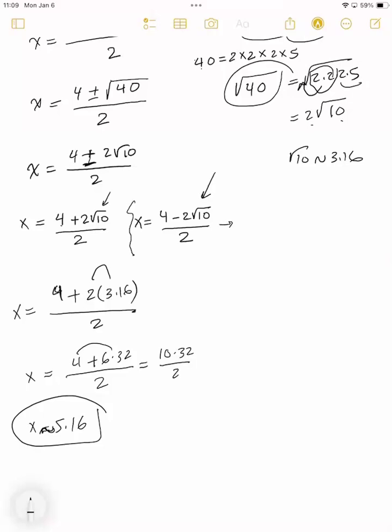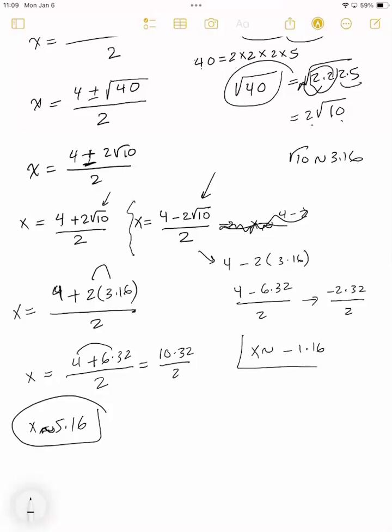So I get 4 minus 2 times 3.16. 4 minus 6.32. When I subtract these two, I get negative 2.32 divided by 2, which is negative 1.16, about. So I have these two answers.